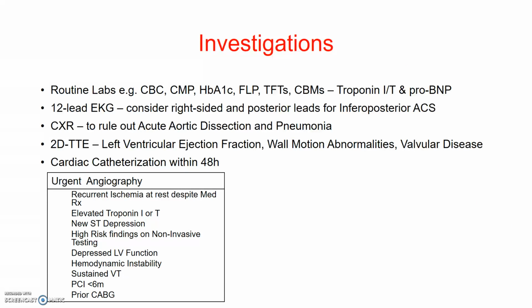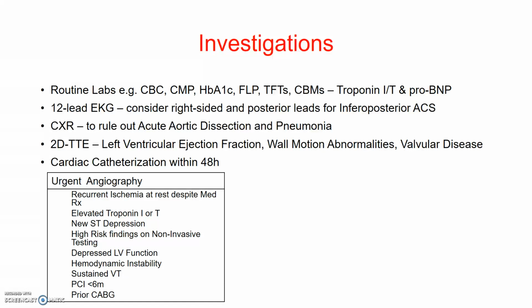Investigations. Some investigations include routine laboratory work such as a complete blood count, comprehensive metabolic panel, glycosylated HbA1c, fasting lipid panel, thyroid function test, cardiac biomarkers, of which cardiac troponins I and T were specifically mentioned, as well as pro-BNP.